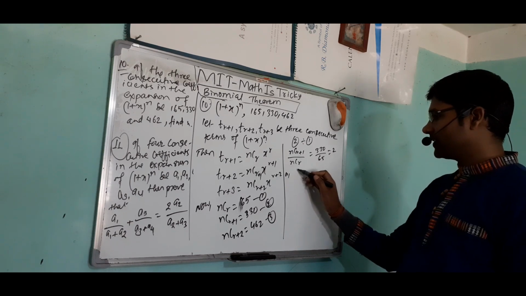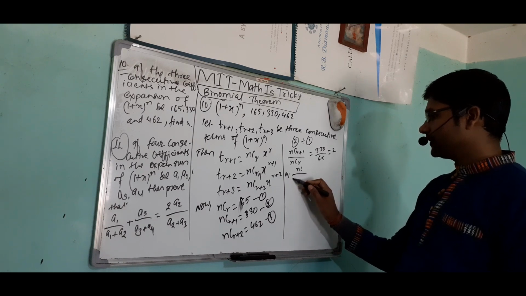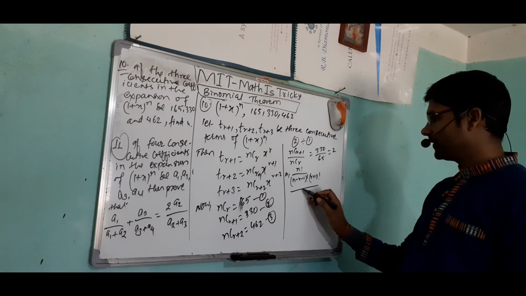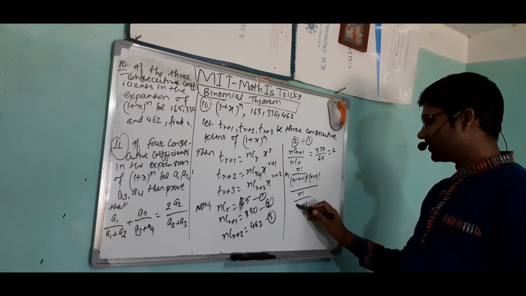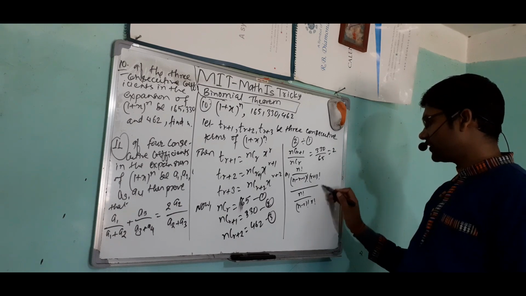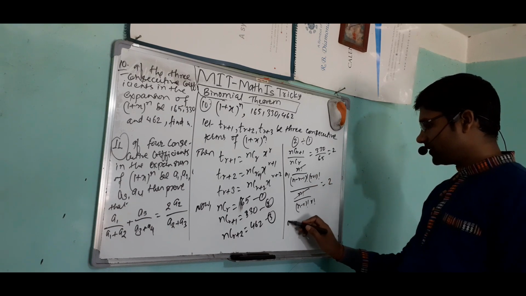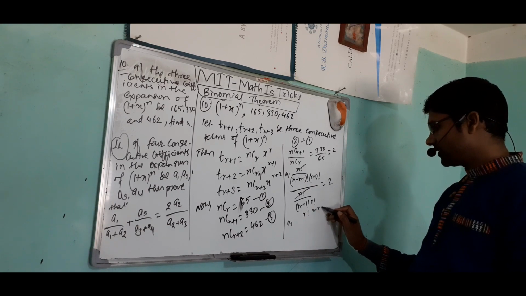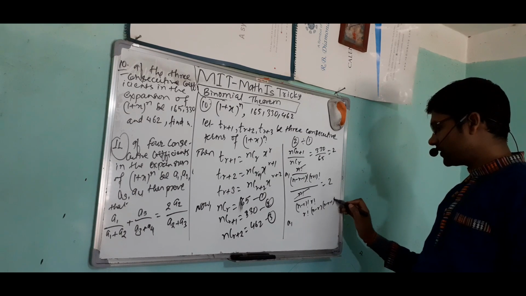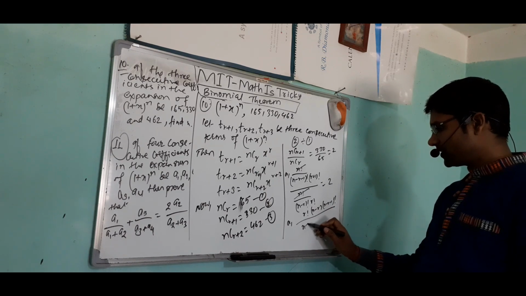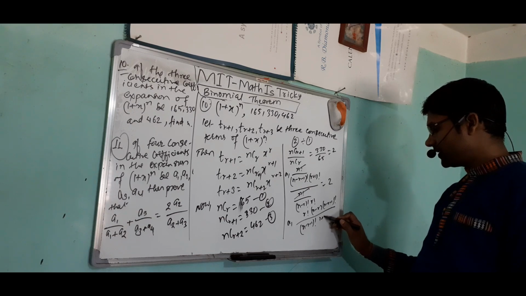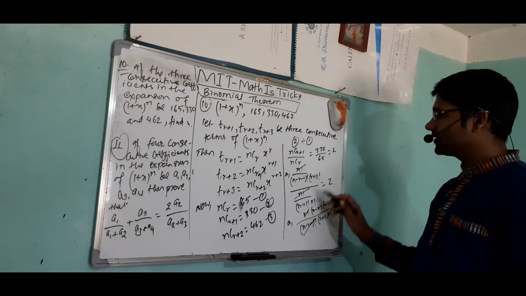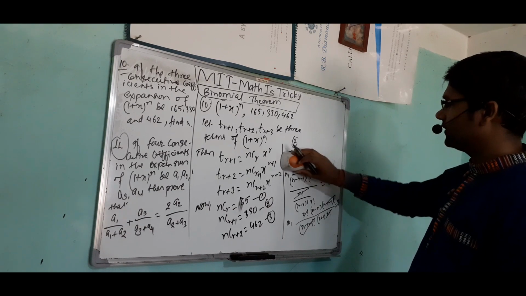If we expand this, we get n factorial by (n minus r minus 1) factorial times (r plus 1) factorial, divided by n factorial by (n minus r) factorial times r factorial, equals 2. The n factorials cancel, and simplifying further, (n minus r) factorial is (n minus r) times (n minus r minus 1) factorial, and (r plus 1) factorial is (r plus 1) times r factorial. So these cancel.